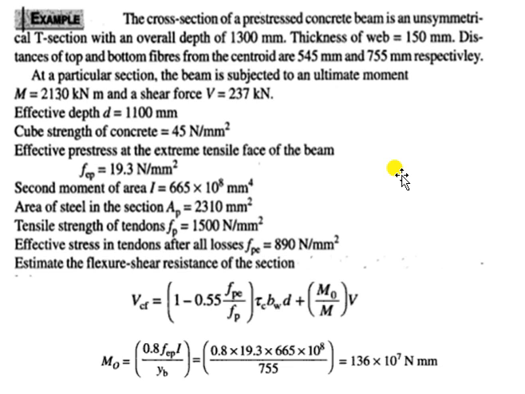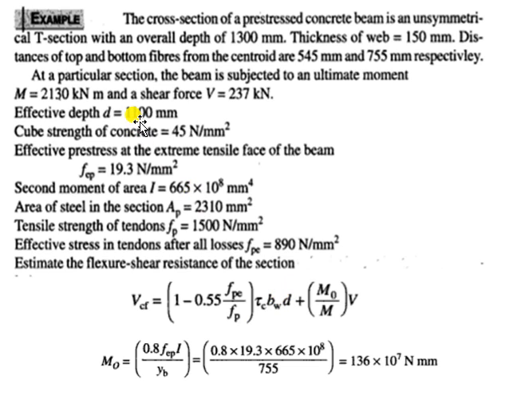For this problem, we need the codebook IS 1343. This formula is also available in IS 1343 on page number 46. So here FPE is given in the question, FP is given, BW is given, that is the width of the web, and small d means effective depth.